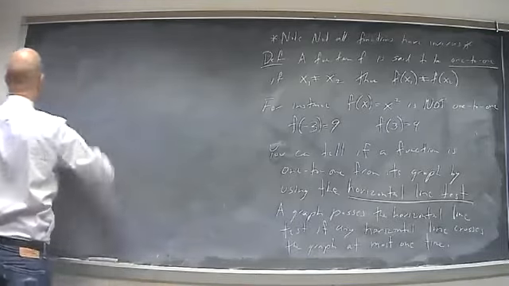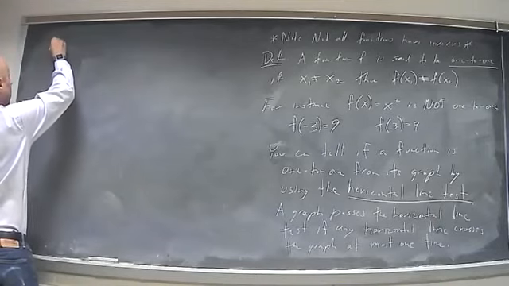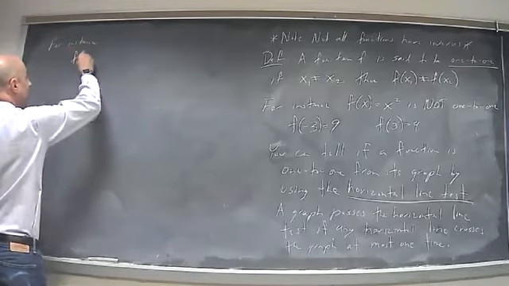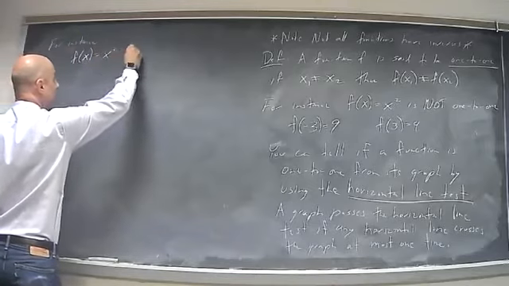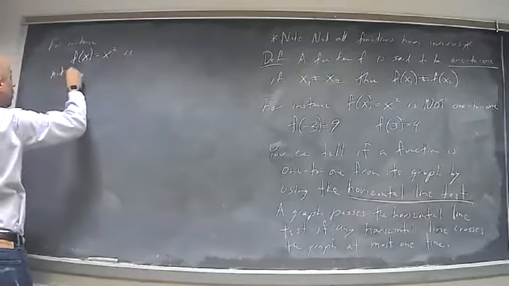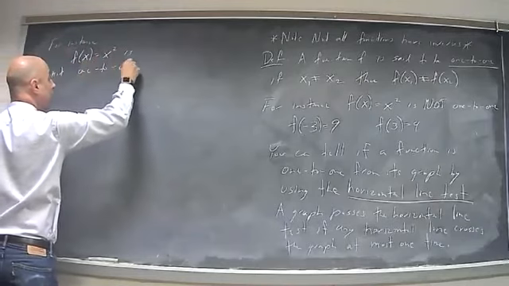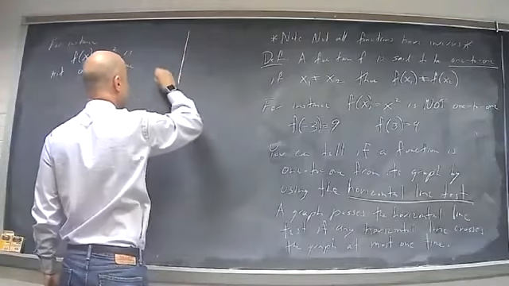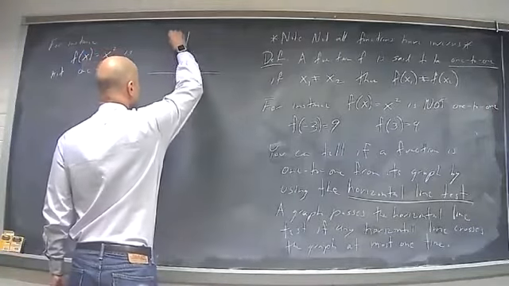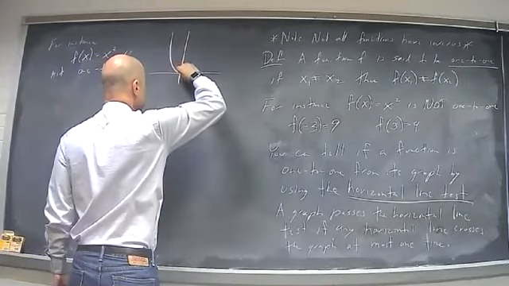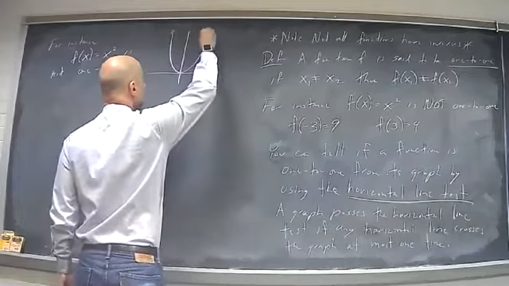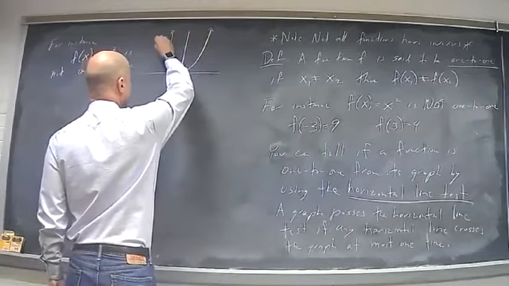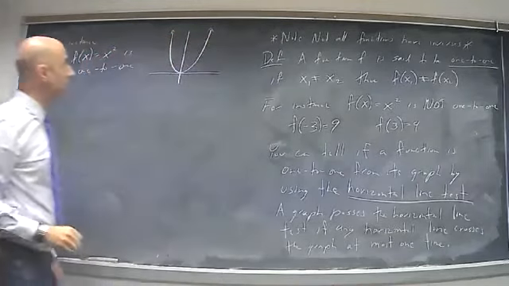So for instance, f of x equals x squared is not one-to-one. Because if you take a look at its graph, the graph that you know well, it's totally possible to draw a horizontal line which crosses the curve more than once.